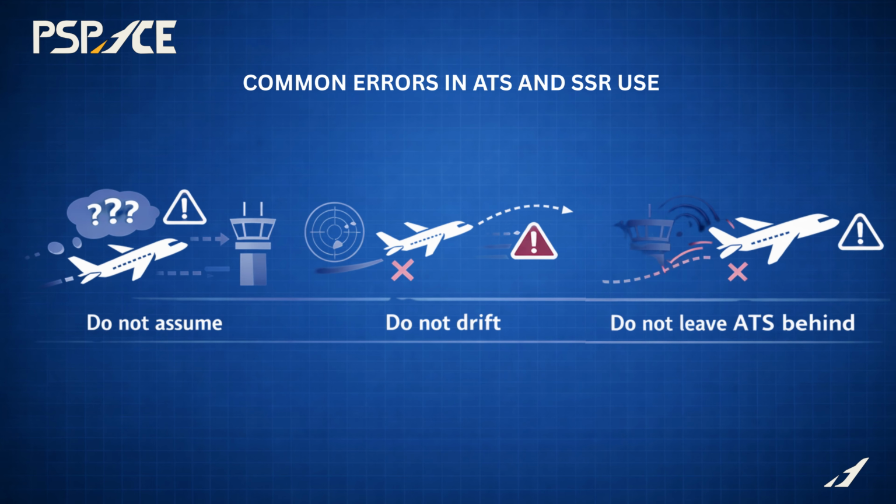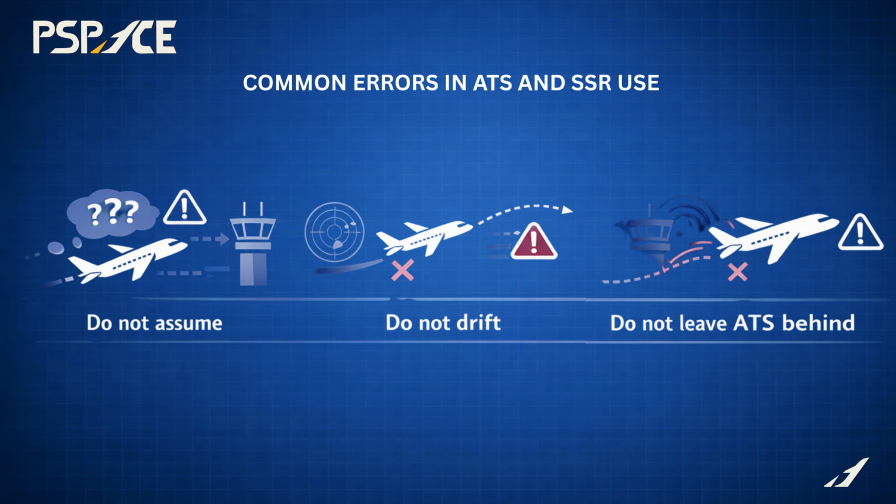A third is allowing the aircraft to move away from the assigned track or cruising level without appreciating how quickly that affects the wider traffic picture. A fourth is delaying notification because the crew are trying to solve the problem entirely within the cockpit first.